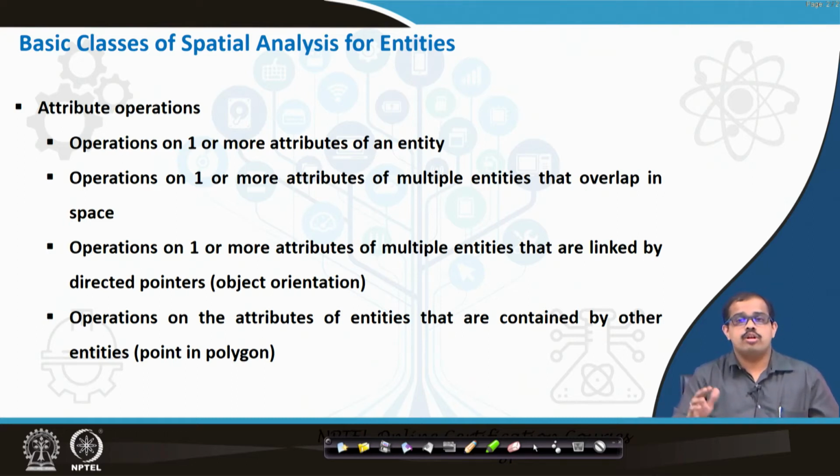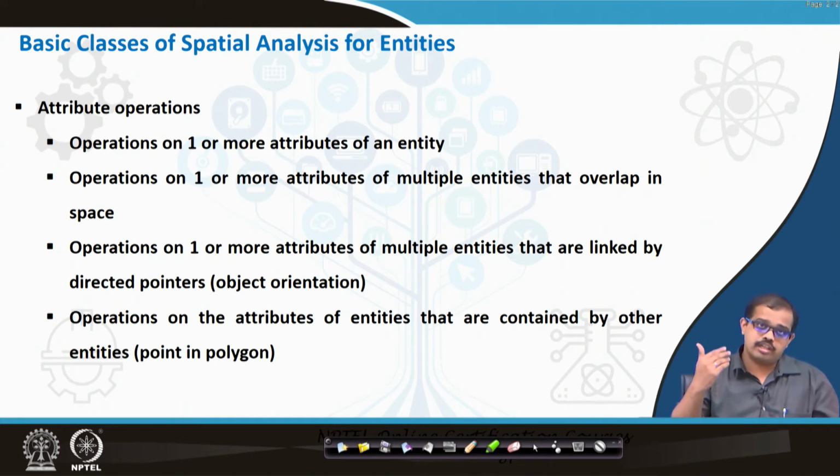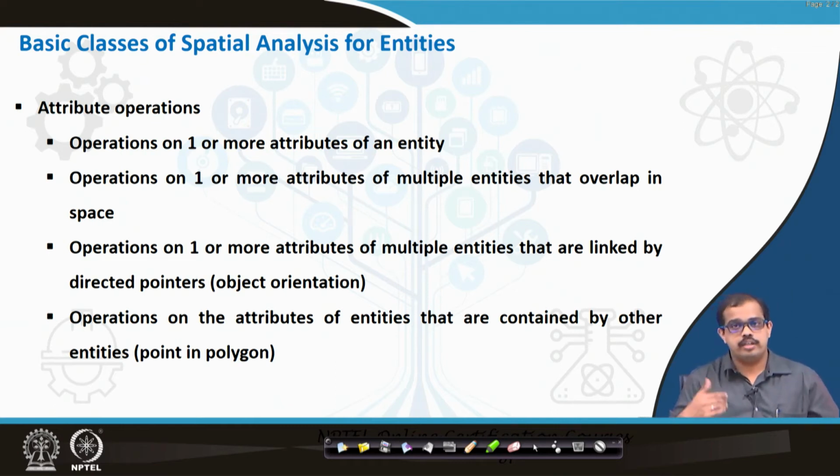It can be operations on one or more attributes of multiple entities that are linked by directed pointers, which is object orientation. It can be operations on attributes of entities contained by other entities, such as point to polygon. One entity can be a point, and the other entity can be a polygon. So these are the basic classes of spatial analysis that you can do.